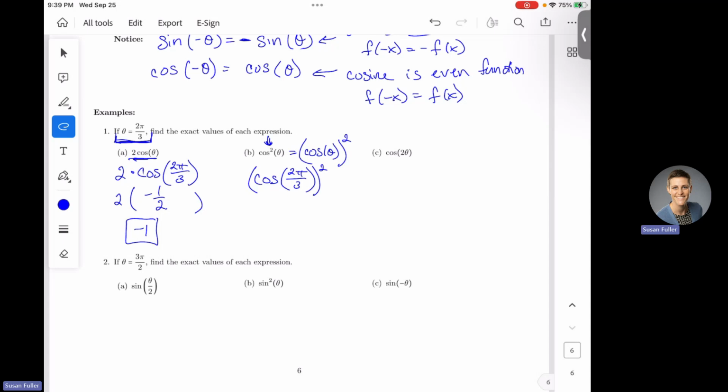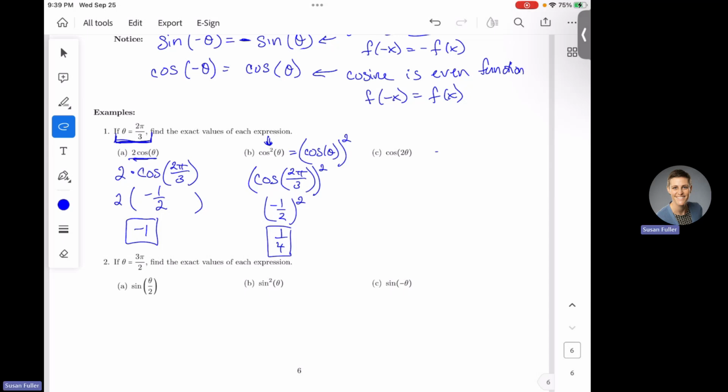We just found the cosine of 2 pi over 3. It was negative 1/2. So I'm going to take negative 1/2 and square it. What do you get when you do negative 1/2 times itself? You get a positive 1/4. That is the value of cosine squared of theta when theta is 2 pi over 3.